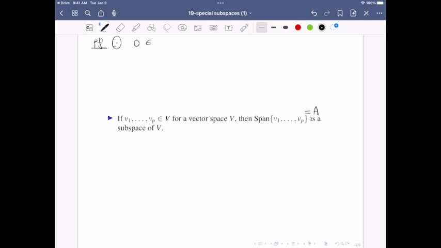For simplicity, I will write this span as A. Yes, because 0 is 0 times v1, 0 times v2, ..., 0 times vp. Recall that the span of v1, v2, ..., vp is the collection of all vectors given by linear combinations of these p vectors, with weights in front of each given vector. In other words, this is a linear combination.